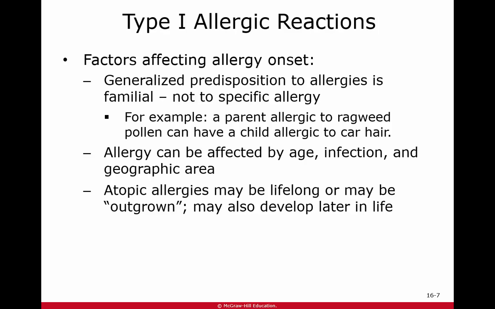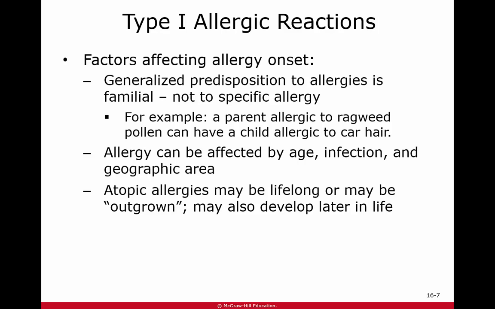A couple of things we want to look at with type 1. Objective number 5: factors that affect the onset of allergies, basically things that make you susceptible to these types of allergies. One of the things we know is genetics. Most people that have allergies have a predisposition to allergies. For example, if you've got parents that have an allergy, their children are typically going to be more susceptible to allergies.